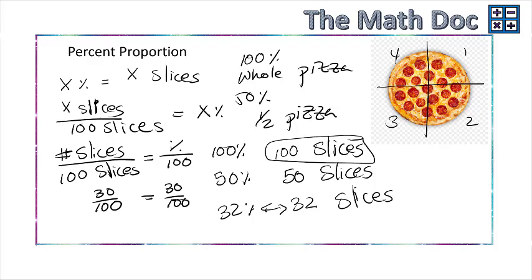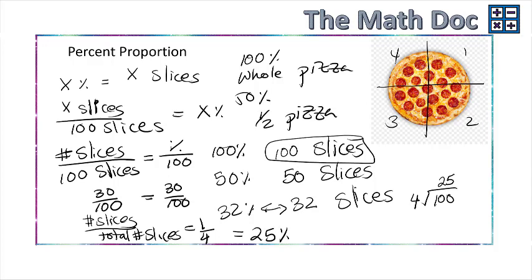So I have my number of slices here out of the total number of slices is just 1 out of 4. Okay, how much is that in percentage? Well, it's a quarter, right? What is a quarter of 100? If we do 100 divide by 4, we get 25. So that would equal 25%. 25% is just 25 divided by 100, right?